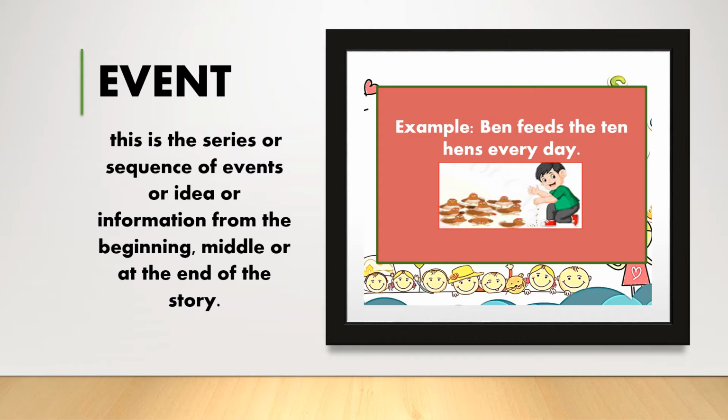Event. This is the series or sequence of events or ideas or information from the beginning, middle, or at the end of the story. Example, Ben feeds the 10 hens every day.